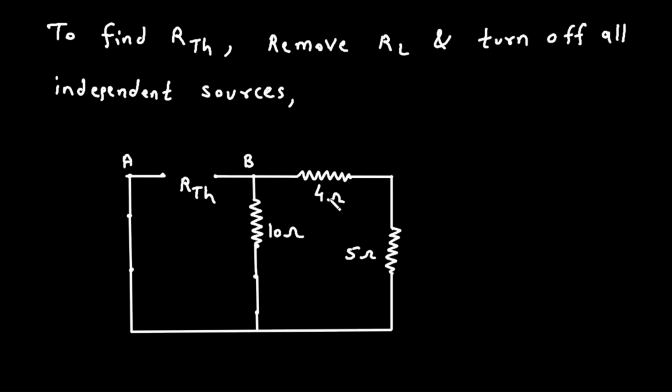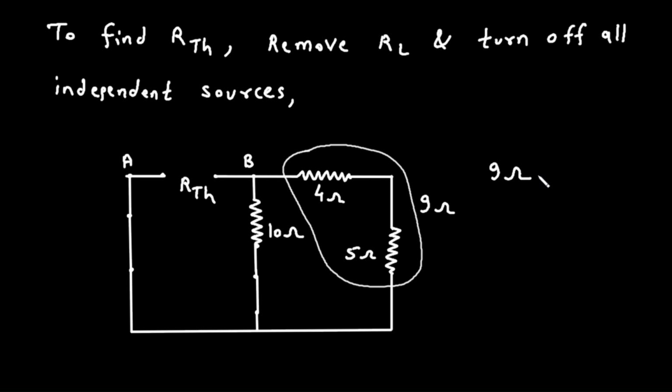Now here we can see this 4 ohm and 5 ohm are connected in series. So their equivalent resistance will be 4 plus 5, 9 ohm. Now this 9 ohm and this 10 ohm are connected in parallel. Here we can write 9 ohm parallel with 10 ohm.